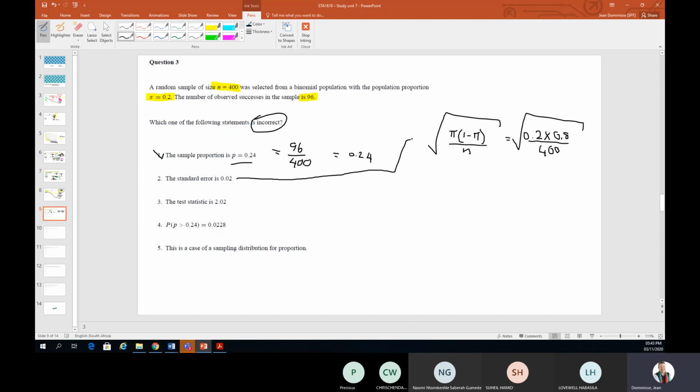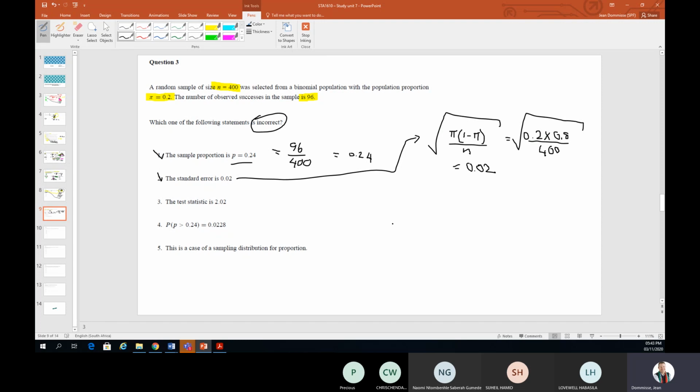So let's just see. So that is 0.2 times 0.8 is 0.16, divided by 400 is 0.0004. If we take the square root of that, it is equal to 0.02. Okay, so correct. Okay, then to work out the test statistic.